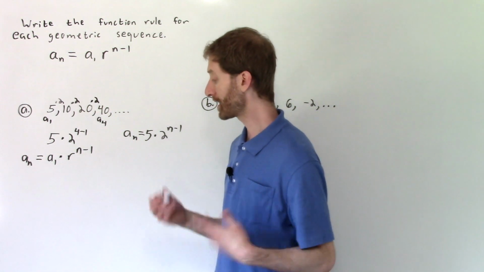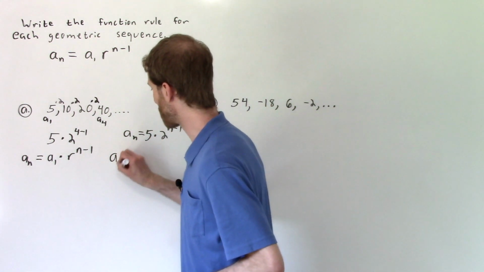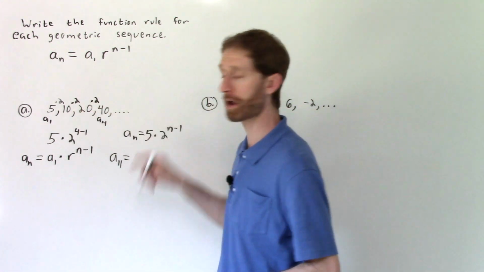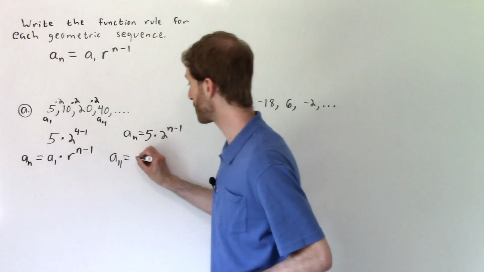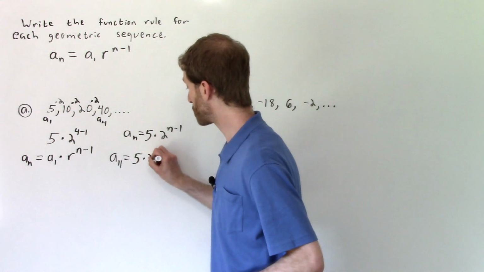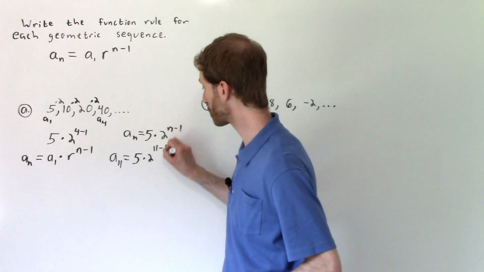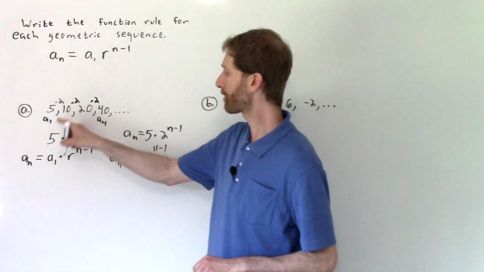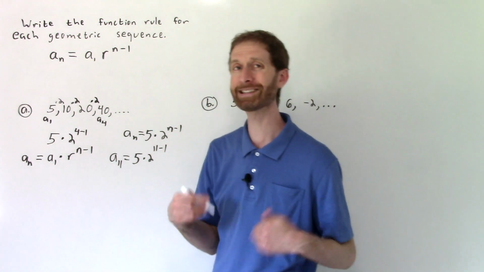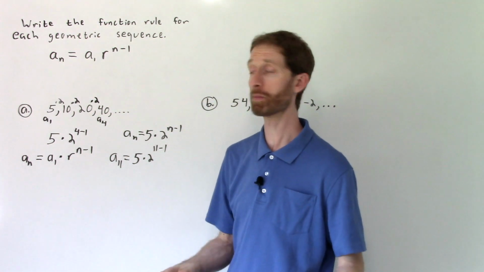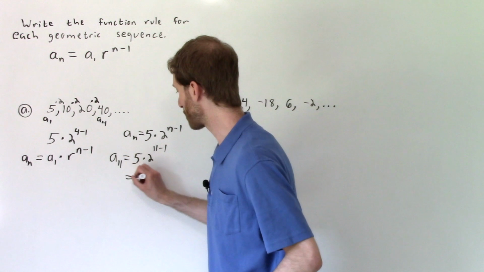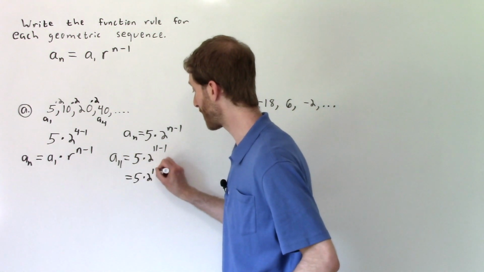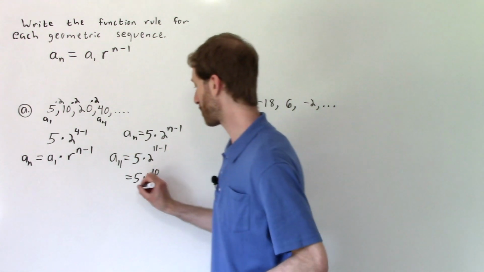If we want, let's say, the 11th term, a sub 11, what is the 11th number in that geometric sequence? I'd have to take 5 times 2 to the 11 minus 1, which makes sense. If we're going from the first term to the 11th term, there are 10 spaces. 10 times we'll be multiplying by 2, and that's what we get, 5 times 2 to the 10th. Of course we'll simplify that out.